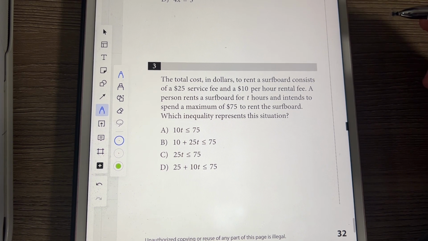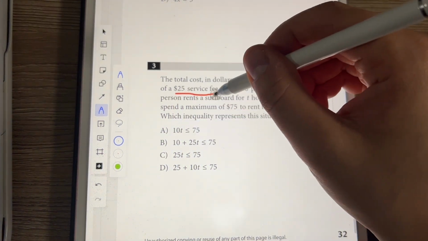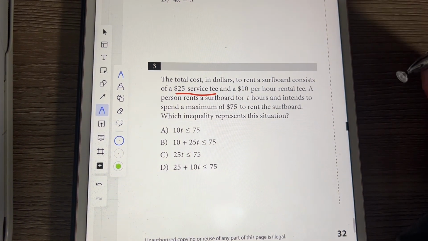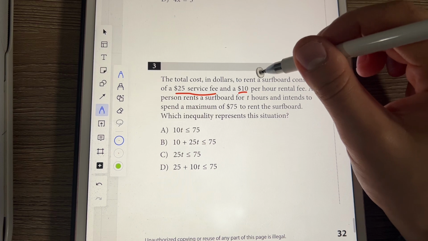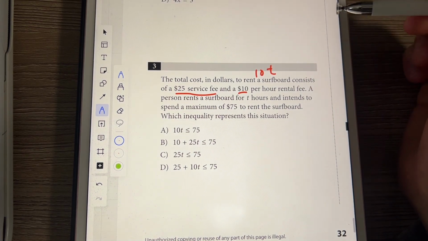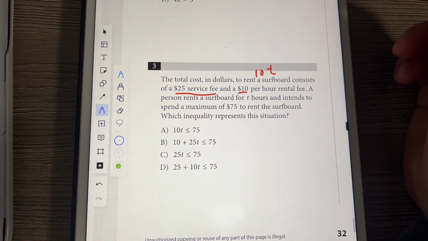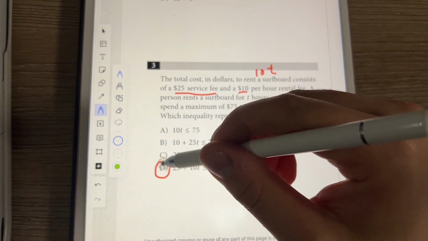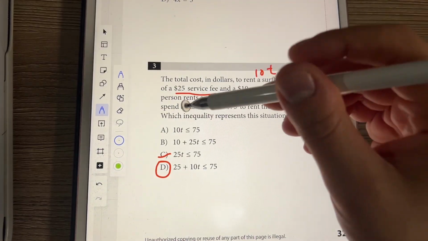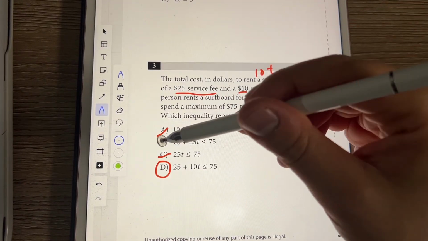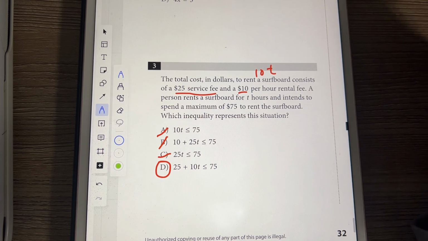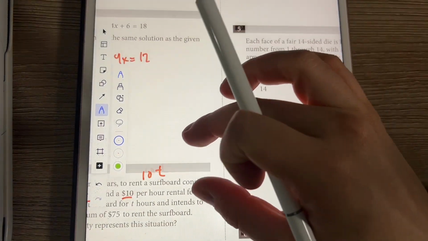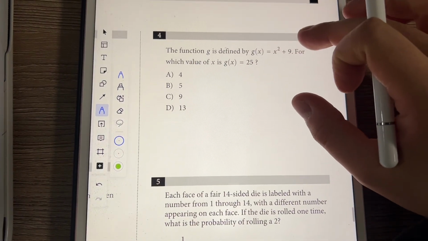I know that there's a one-time $25 service fee, so I want to see plus 25. There's a $10 per hour, so I definitely want to see 10T. The only one that gives me 10T plus 25 is answer choice D. C doesn't have the $10 per hour, A doesn't have the one-time charge, and B has the coefficients reversed. Man, we are flying. Let's head to question number 4.